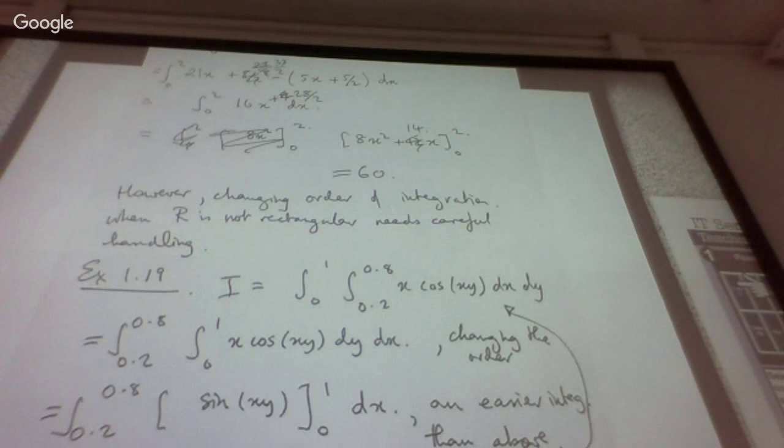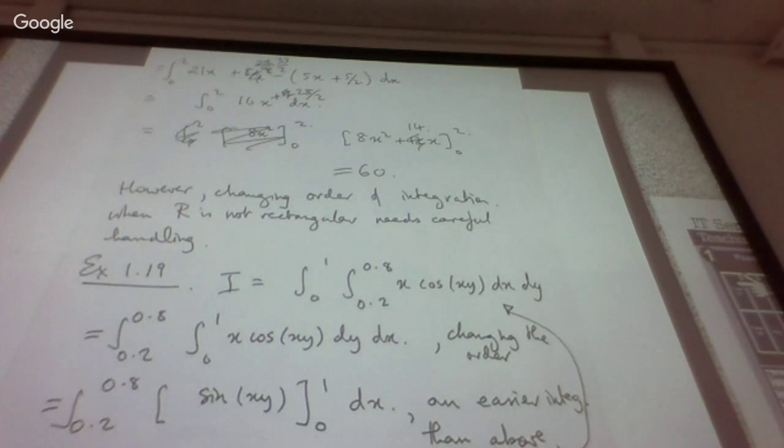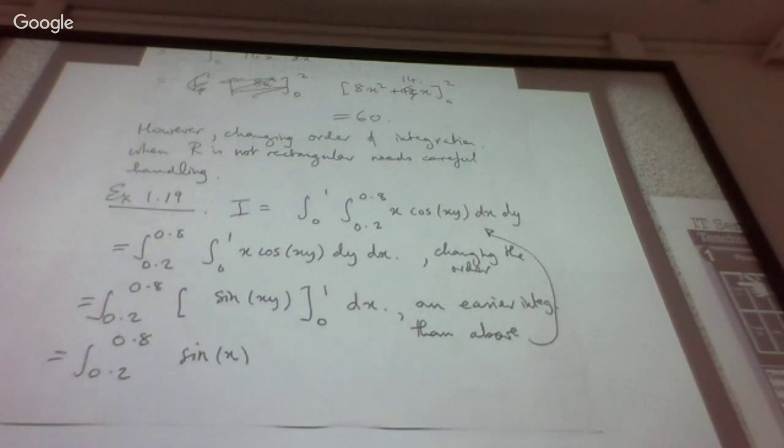Now you can do the evaluation at 0 and 1. So this will just be the integral from 0.2 to 0.8 of sine of x. Remember, these are limits for the y variable: sine of x minus sine of 0, but sine of 0 is 0.